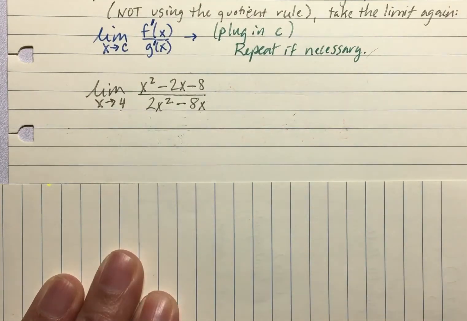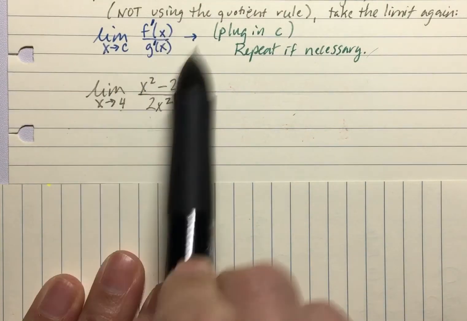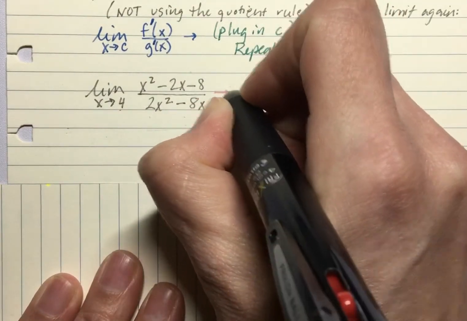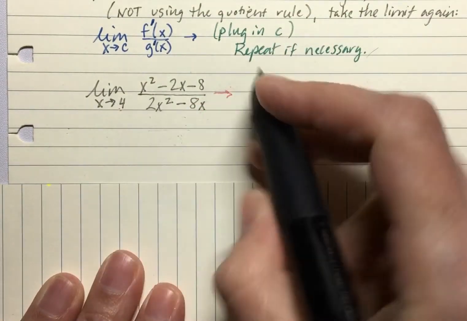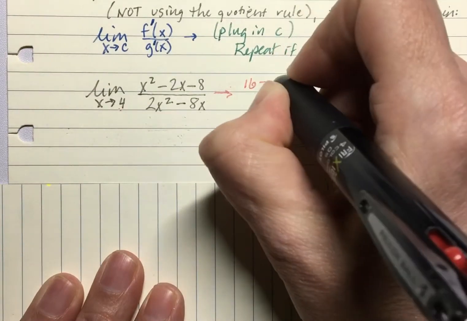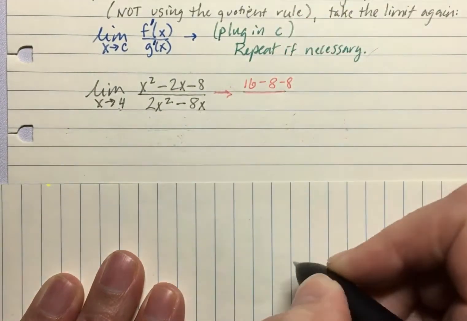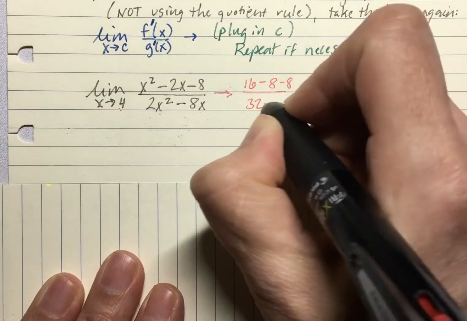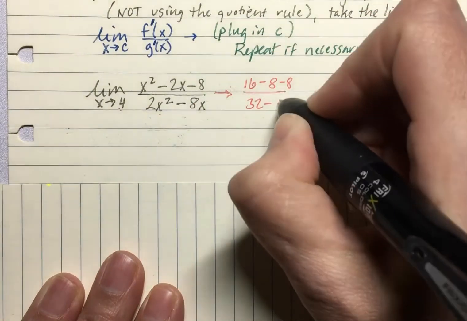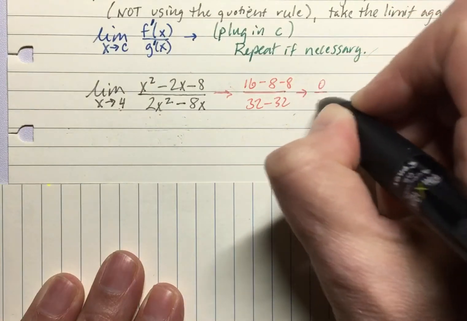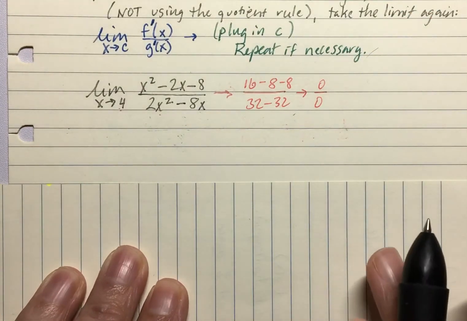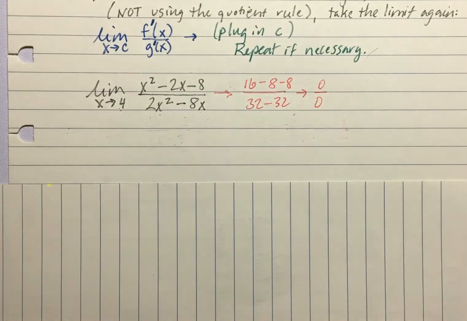It's not automatic to use L'Hopital's rule. You have to check first. So let's throw the 4 in and see what happens. I get 16 minus 8 over 2 times 16, so 32 minus 8 times 4 is 32. Yes, that's a 0 over 0. This is L'Hopitalable, or L'Hopitalatable, I don't know. Anyway, we can use L'Hopital on it.